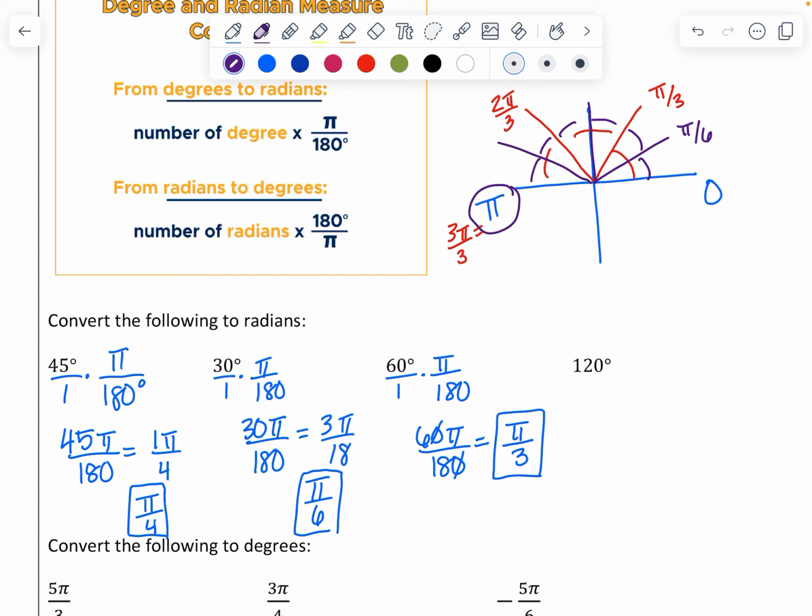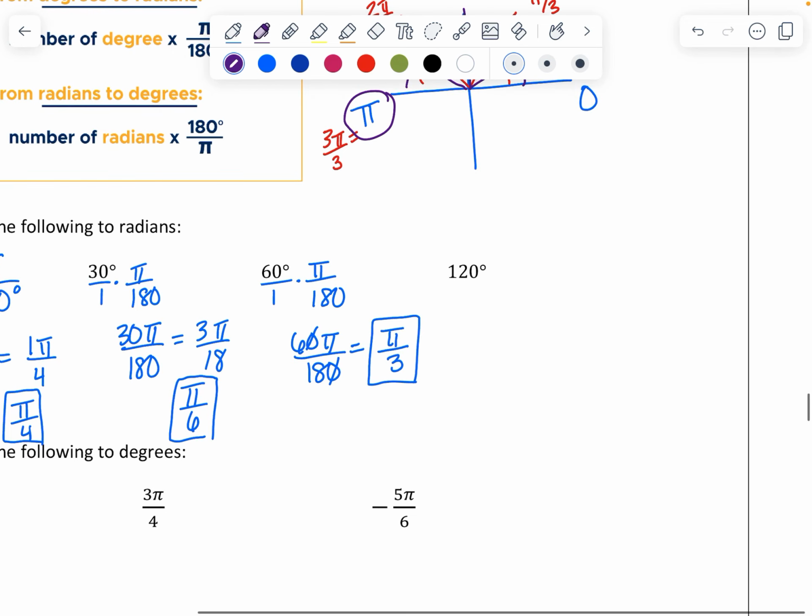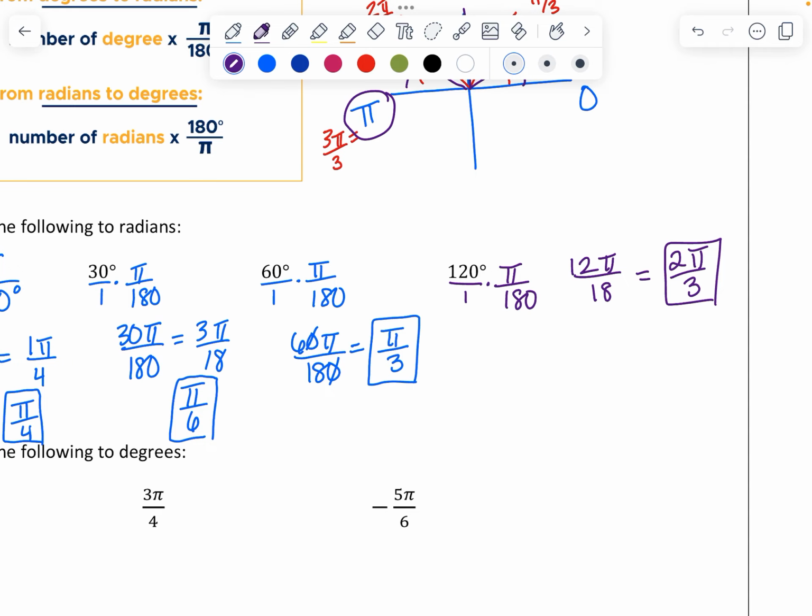So those are where those fractional pieces come from, splitting the 180 into the equal angle measurements. 120 degrees into radians, put it over 1, multiply by pi over 180, which would be 12 pi over 18, and then both 12 and 18 are divisible by 6, so 2 pi over 3. That'd be 120 degrees.